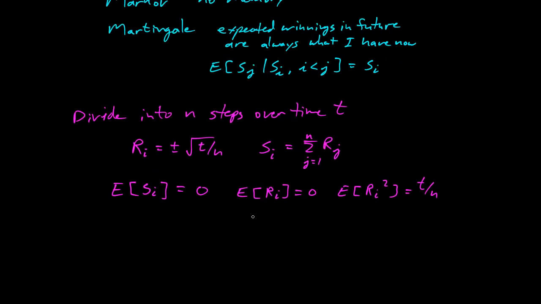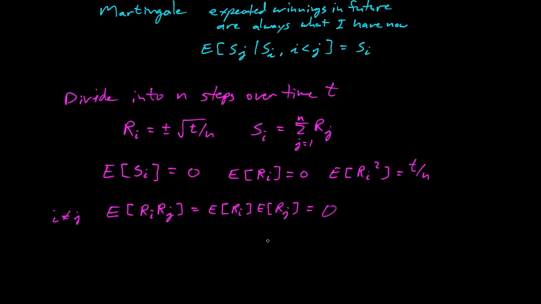And finally, the expected value of R_i R_j, if i is not equal to j, they're independent, so it'll be the product, and these are both just 0, so that'll be 0.